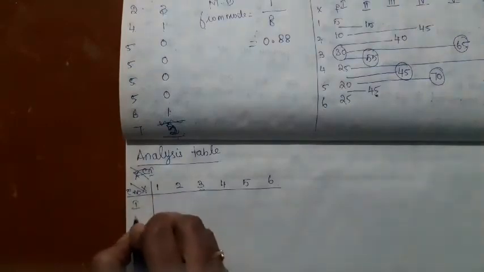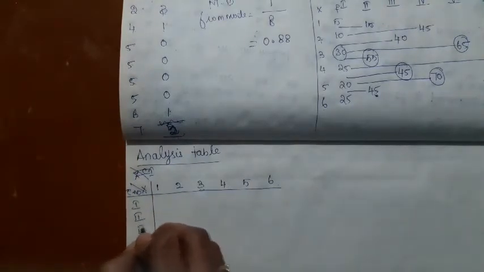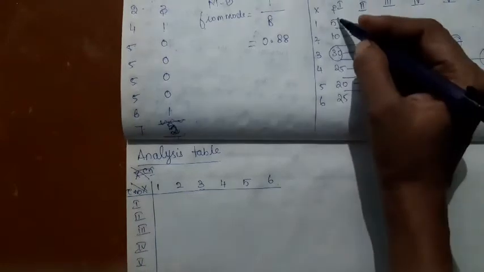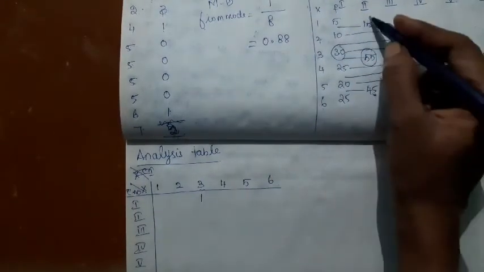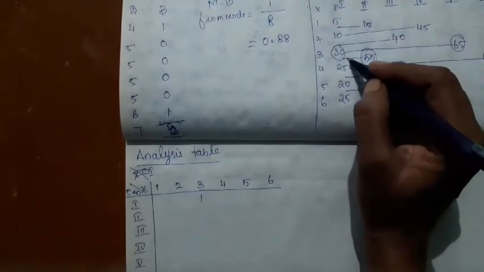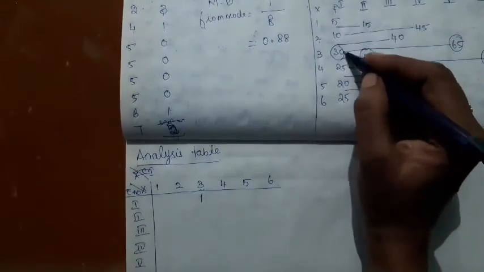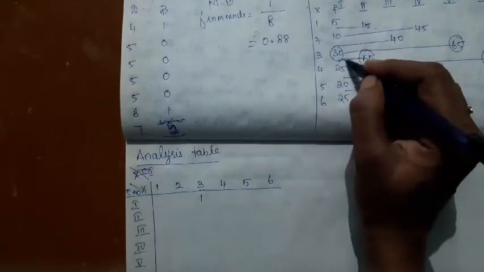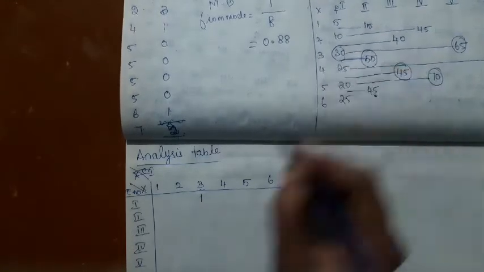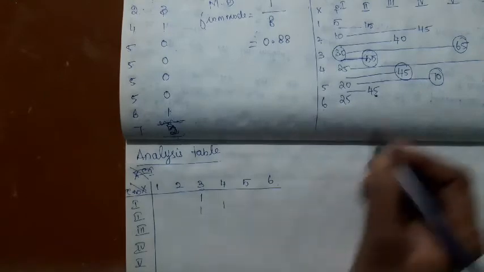The column numbers are 1, 2, 3, 4, 5 and 6. Always frame up to 6 columns. See, in the first column, the maximum value is 30. It corresponds to 3. The maximum value is 55. This line says that you got it by adding these 2 numbers. The line is between the numbers. So the corresponding values are 3 and 4.